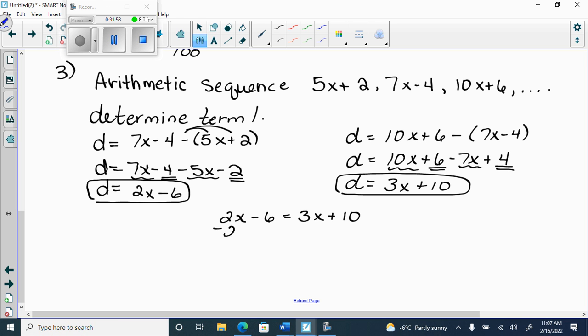Subtract 2x, move the x's together first. Negative 6 equals x plus 10. Subtract 10, x equals negative 16. And that's lovely, but it's no answer. They want term 1. How do I get term 1? Fill x into T1, right? What is term 1? 5x plus 2.